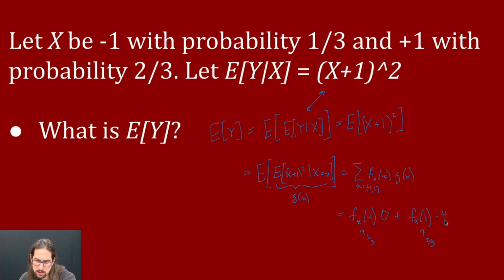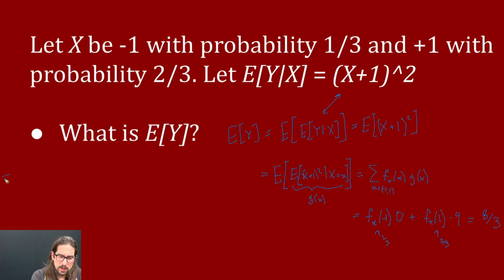Is that right? Looks right to me. Okay. So the total expectation here is 1/3 times 0, 2/3 times 4, so it's 8/3. That's the population mean of y. So that was one way of doing it with a total expectation.